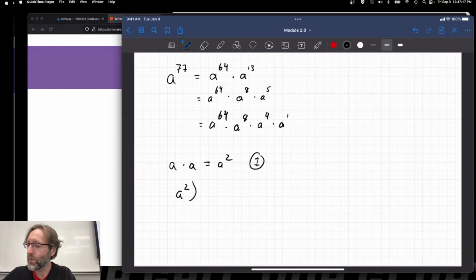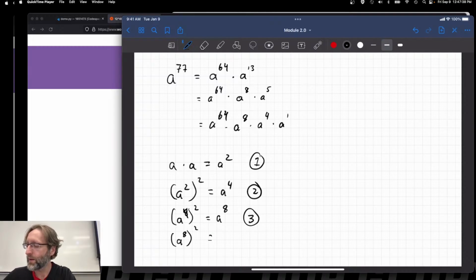A squared gives me a to the 4th. That's another multiplication. What if I square that again? A to the 4th squared is going to give me a to the 8th. That's 3. A to the 8th squared again gives me a to the 16th. That's 4.